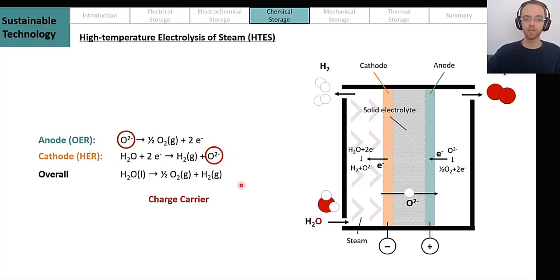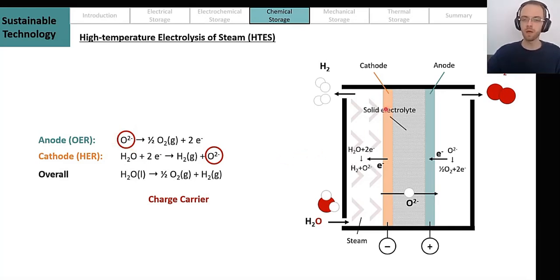The overall reaction is the same as for our alkaline and acidic electrolysis. Again, you can apply the same concept by looking at what our charge carrier is, and the only charged species here is our oxide ions. So now our oxide ions are the charge carrier.